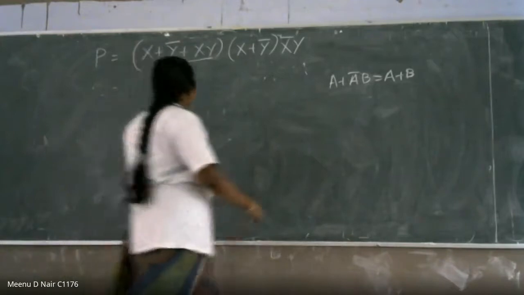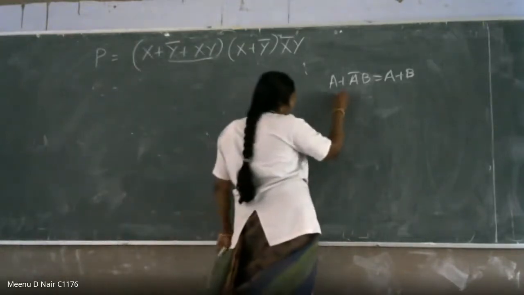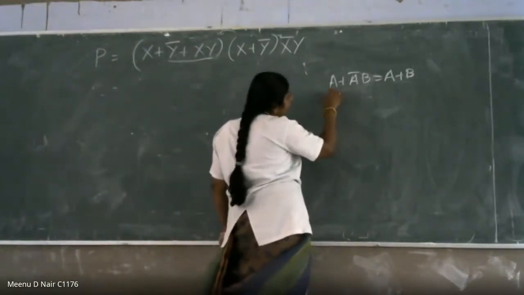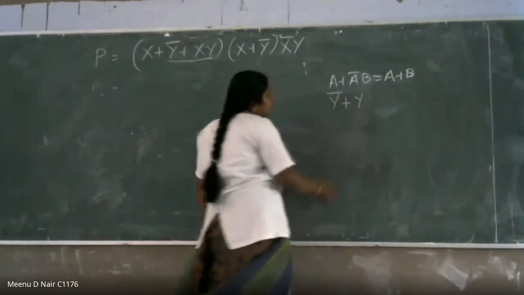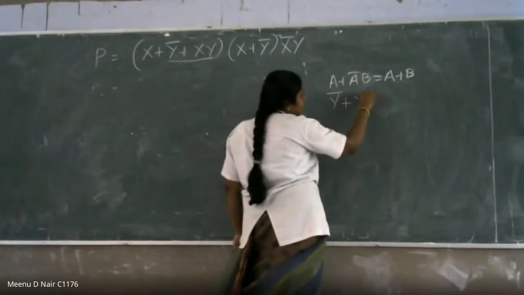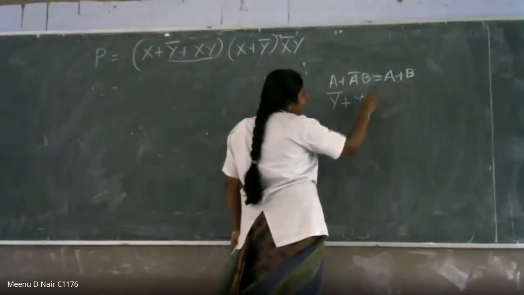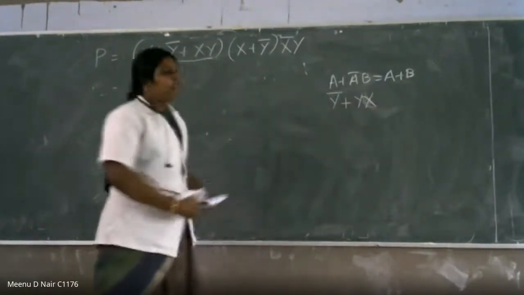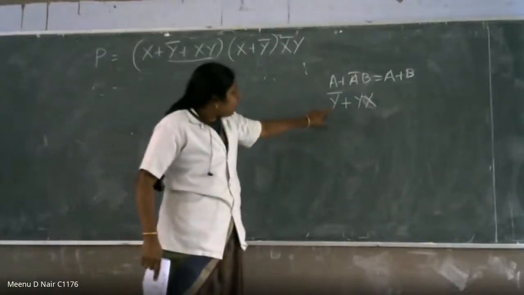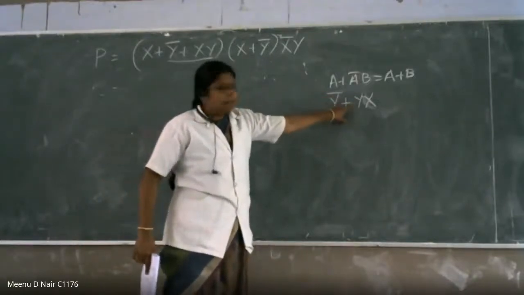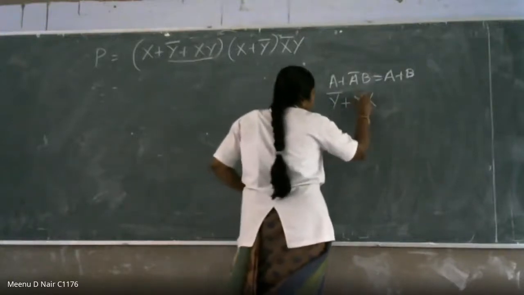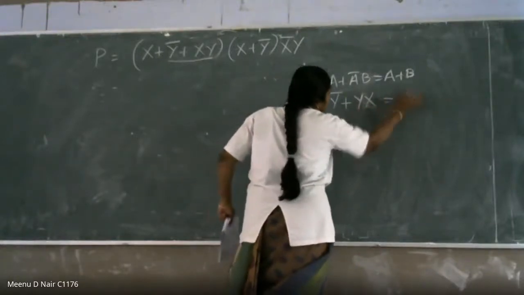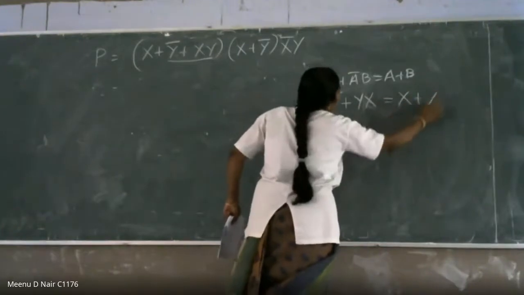So what is happening here? A is your y bar, and A bar is nothing but y. B is nothing but x. So this term you can write as x plus y bar.